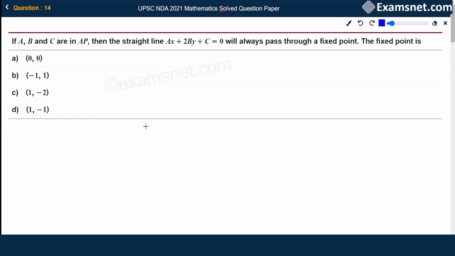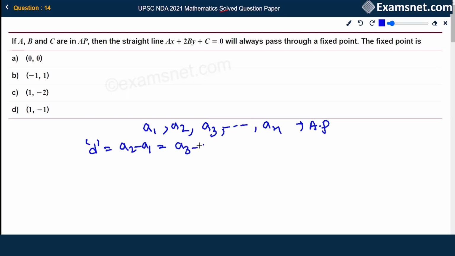If we say a1, a2, a3 and so on up to an, this sequence is in AP. That means the difference between two consecutive terms is equal and constant, and we refer to that difference as the common difference. Let's say that is d. So d can be written as a2 minus a1, a3 minus a2, up to an minus an-1.